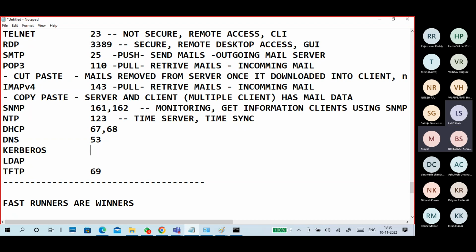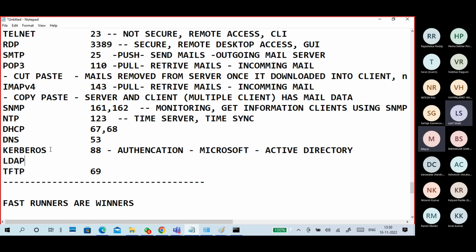Kerberos is for authentication, used in Microsoft Active Directory. Active Directory authenticates users when they log into domain computers.